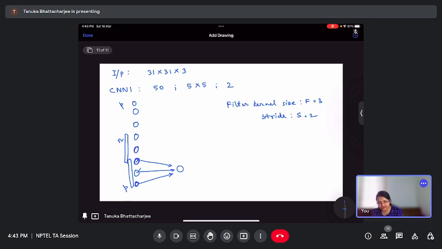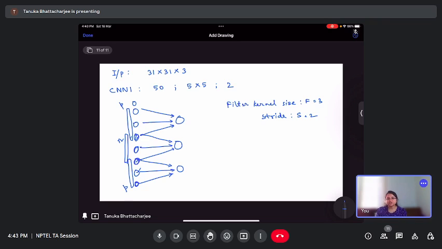Now these will be combined through the kernel and will lead to one unit in the next layer. Similarly, again the kernel will move by 2 steps and be placed here. These 3 will now combine to give you the next one.